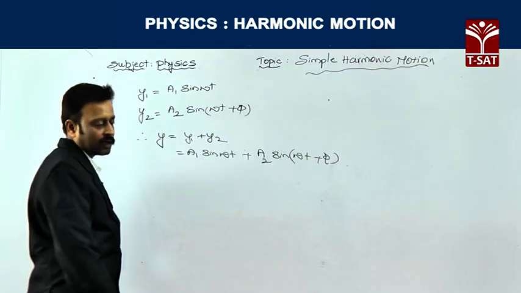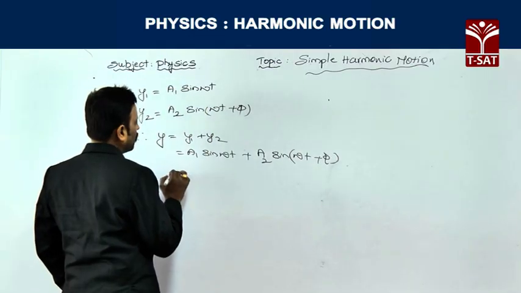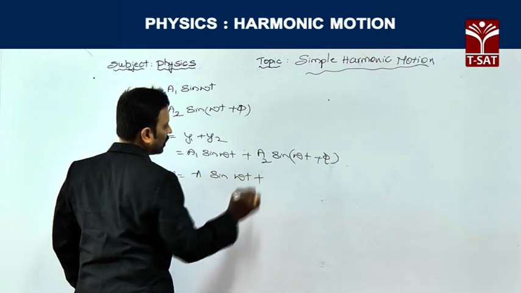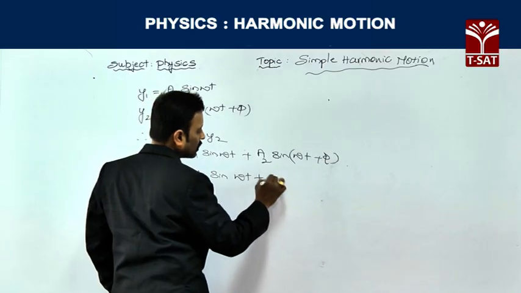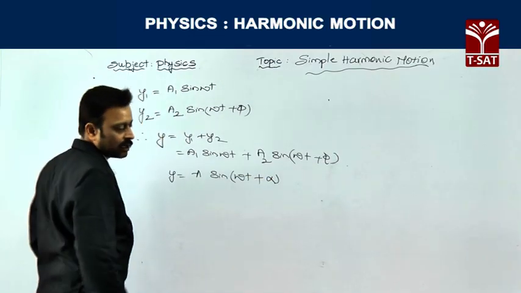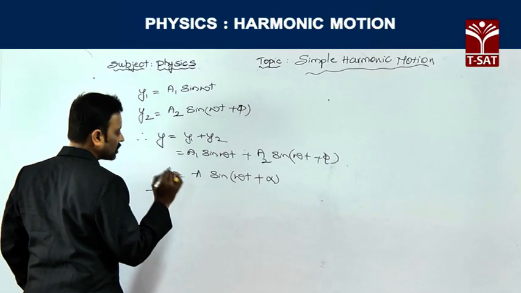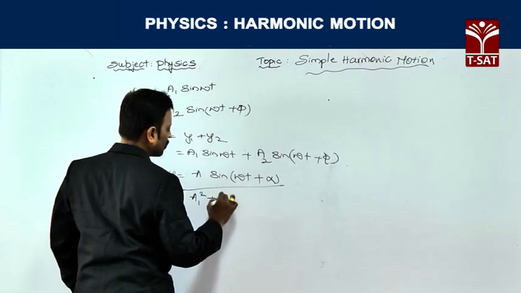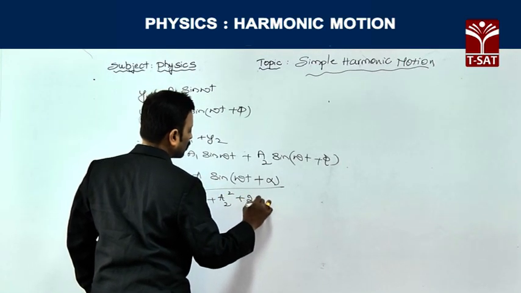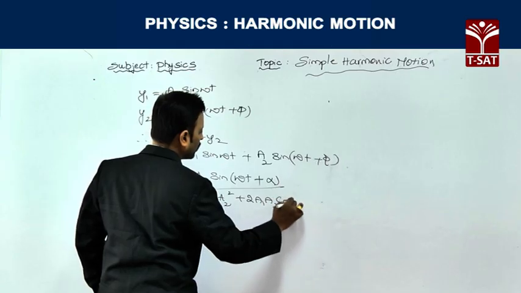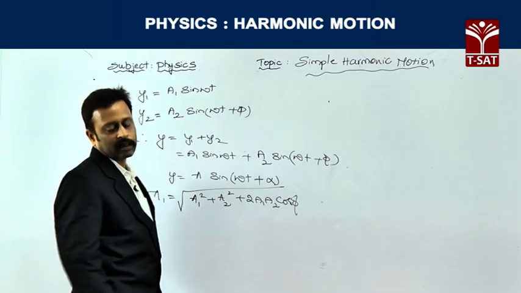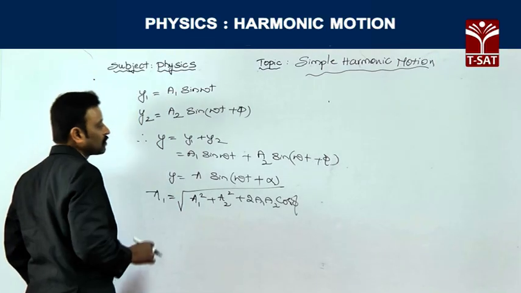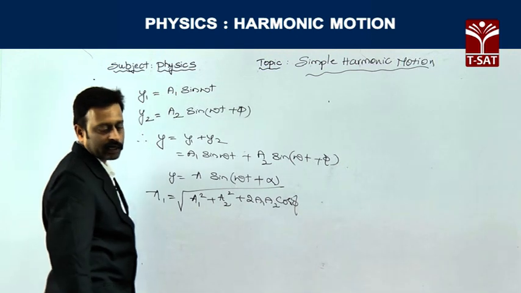After simplification, we get y is equal to a sin(omega t plus alpha), such that the resultant amplitude a is equal to under root a1 square plus a2 square plus 2 a1 a2 cos phi. Here phi is the phase difference between the two displacements y1 and y2.